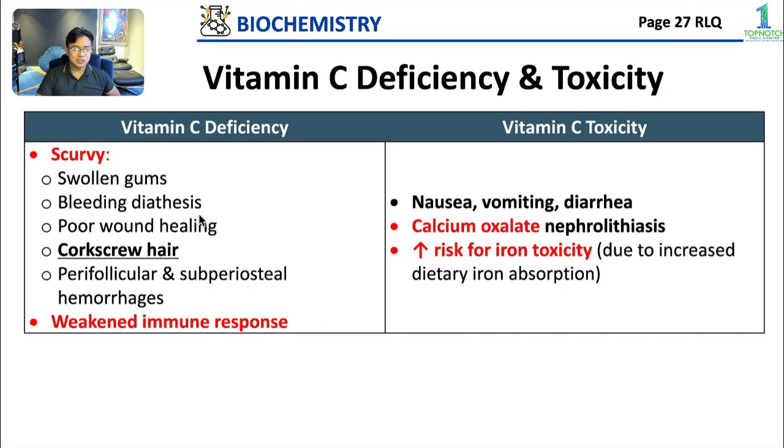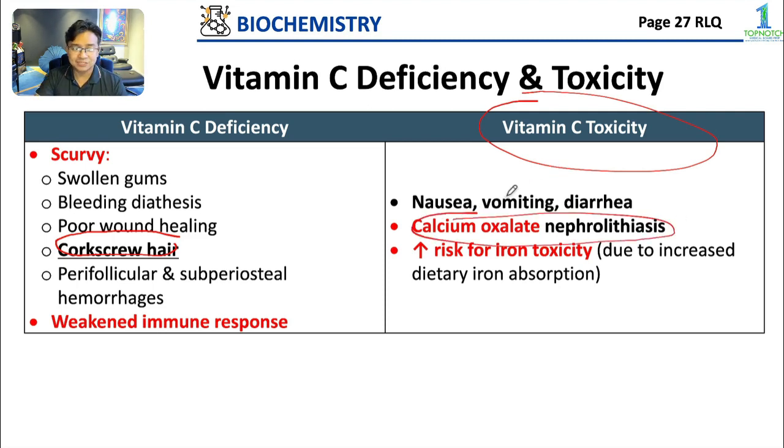So in vitamin C deficiency, guys, you can have scurvy and a weakened immune response. In scurvy, you have gum bleeding, bleeding diathesis, poor wound healing, and you have a corkscrew hair in the process. Take note, guys, that in vitamin C problems, pag sobrang dami naman niya, it can lead naman to calcium oxalate nephrolithiasis.